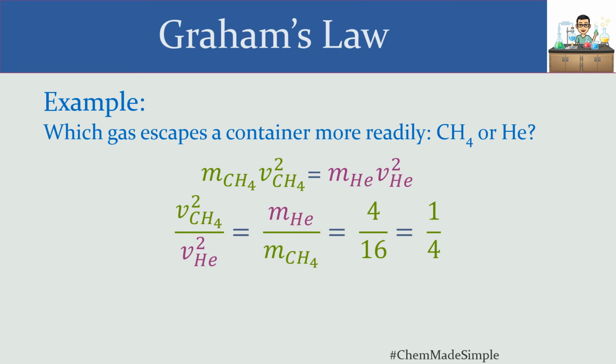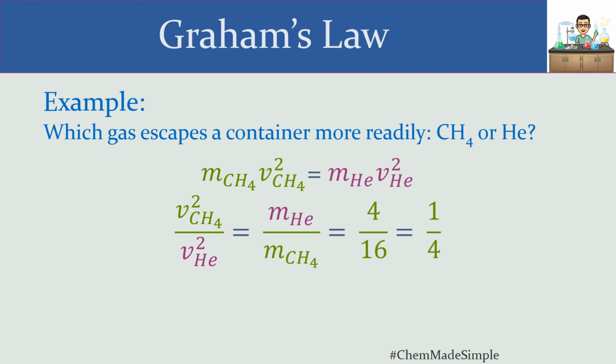And we know that ratio of molecular weights because the mass of helium is about 4, and the mass of methane is about 16. I have 1 carbon with a molecular weight of 12, and the 4 hydrogens add 4 more. So my ratio of the mass of helium to the mass of methane is 4 to 16, or 1 to 4. And that is the ratio of the velocities squared as well.